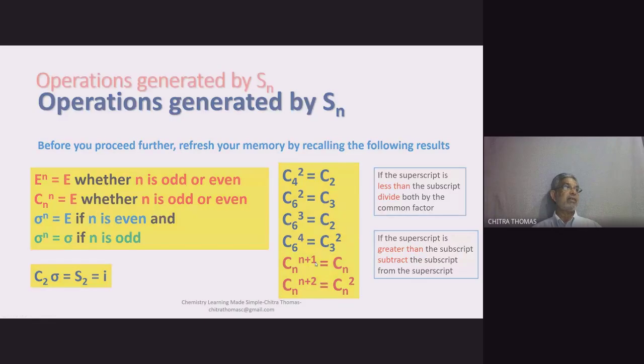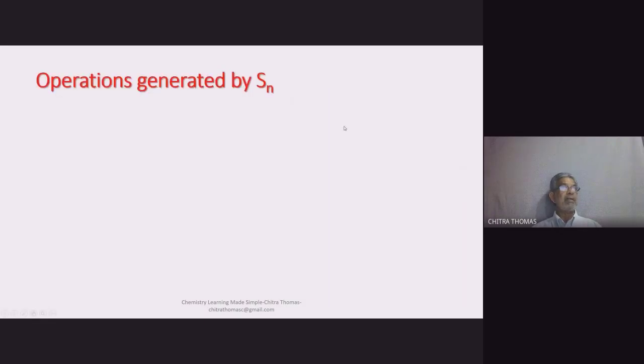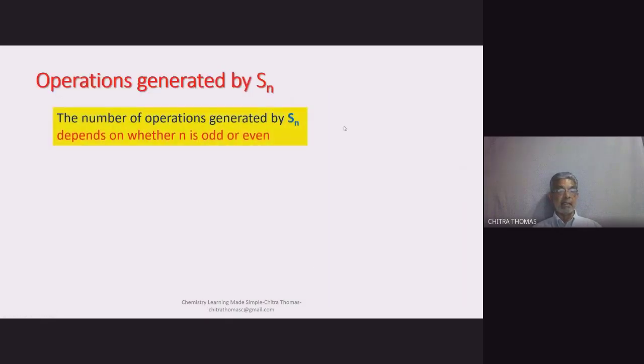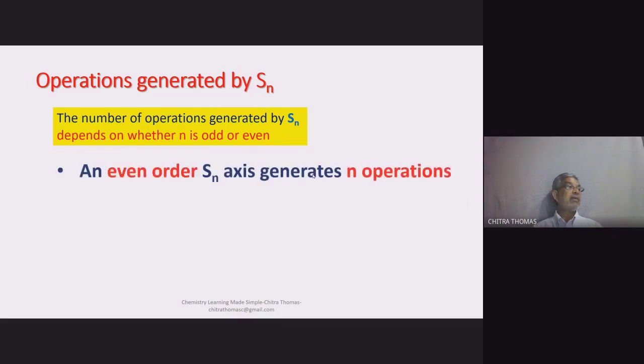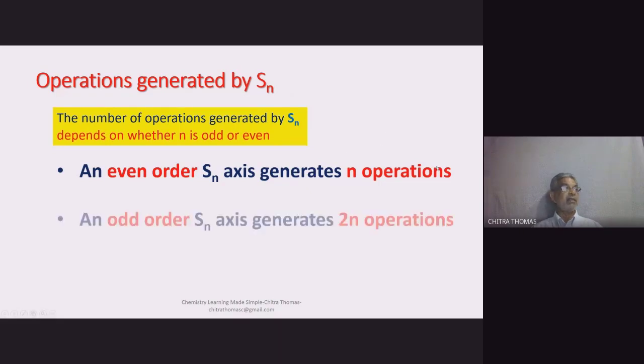Remember this. Operations generated by Sn. See, the number of operations generated by Sn depends on whether n is odd or even. An even order Sn axis generates n operations, whereas an odd order Sn axis generates 2n operations.